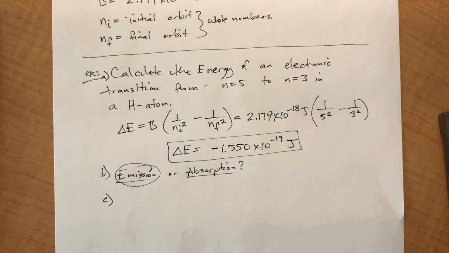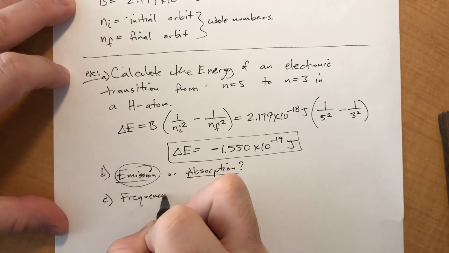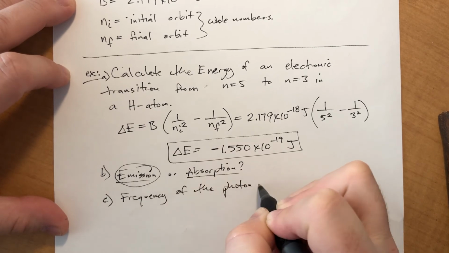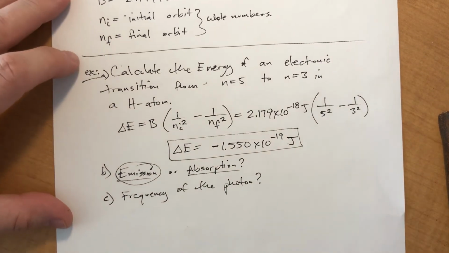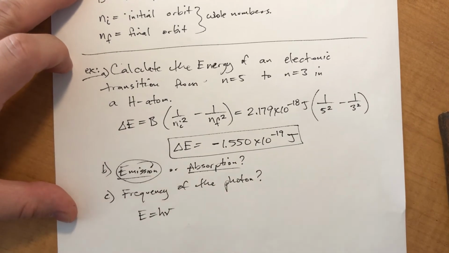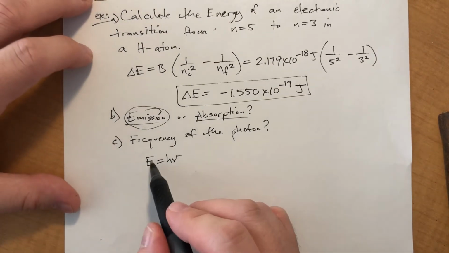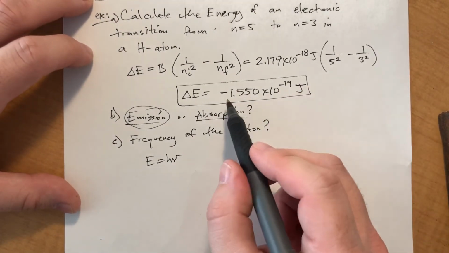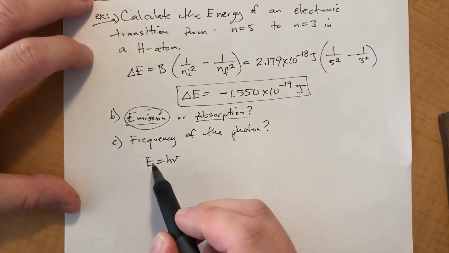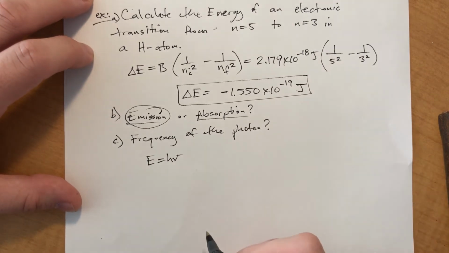Now we want to know, what is the frequency of this photon? So it's emitting a photon. We want to know what's the frequency of it. Well, we have an equation, E equals h nu. I know we haven't done anything with it yet. That's okay. This is the energy of the photon. The negative tells you that it's leaving, but the energy has to be positive. So I'm going to plug it in as positive 1.550 times 10 to the negative 19th.